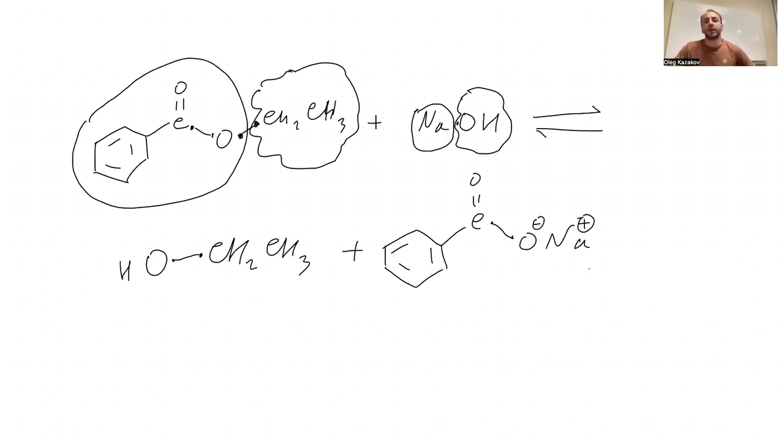So here we go. That's your base-assisted hydrolysis, right? So we hydrolyze, we cut this bond in the ester, and then we make simpler compounds, the essential constituents which were used to make an ester in the first place. So the acid in the salt form, however, and the alcohol.